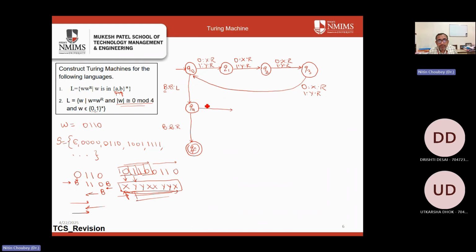We'll have either X or Y: X, X, left; Y, Y, left. This Q5 will be used to move towards the leftmost blank. X, X, L; Y, Y, L. Okay, and we are moving towards the left. We'll come to this point wherein we have a string of this sort.